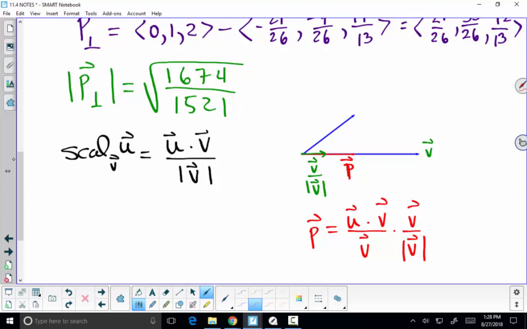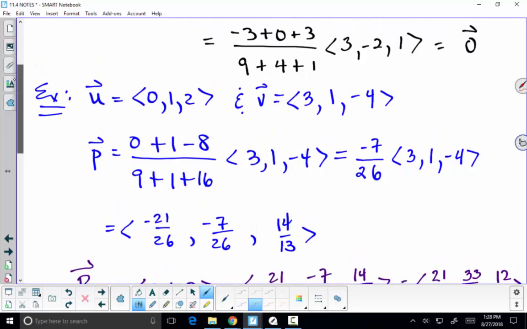If you had an obtuse angle, that's when that scalar projection can be negative, if the dot product's negative. If it's acute, then that value will always be the length of p. So if the question just says find the magnitude of p, you can just do this, and that will get you to it quickly.